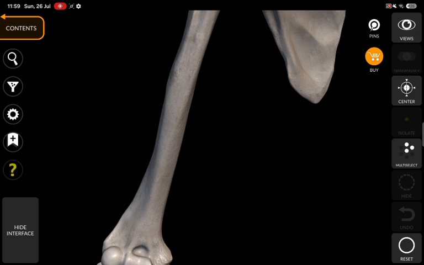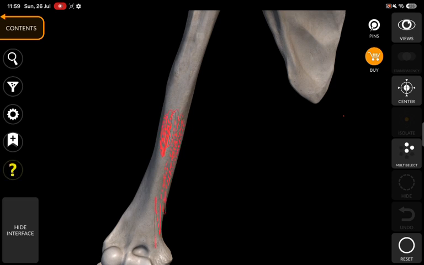Whereas the biceps brachii, one thing about it is that it is a strong supinator. Okay, so the brachialis muscle originates from the lower half of the anterior surface, the anteromedial and anterolateral surface, right?